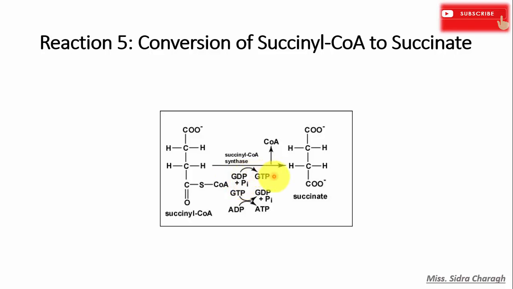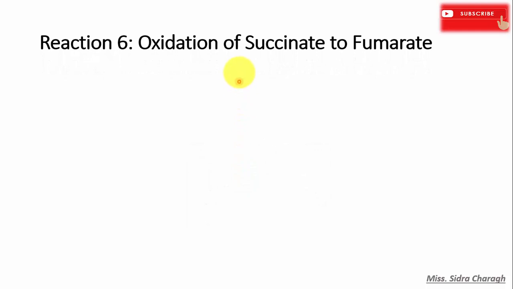GTP can then be used to make ATP, and the enzyme succinyl-CoA synthase catalyzes this reaction of the citric acid cycle.